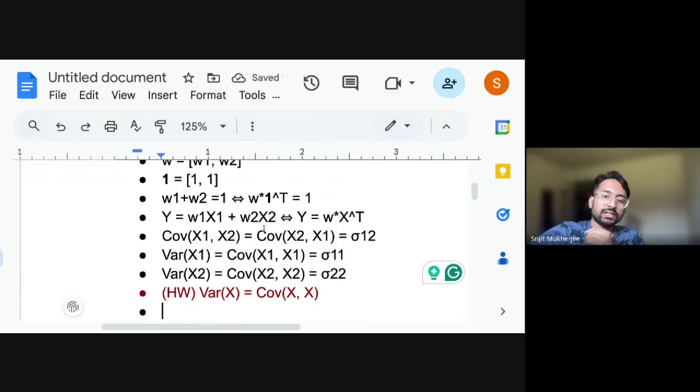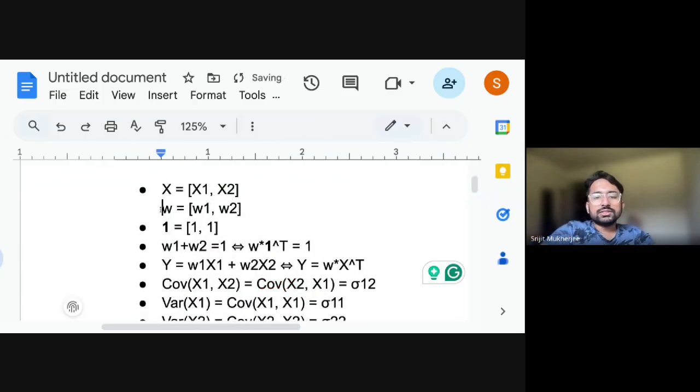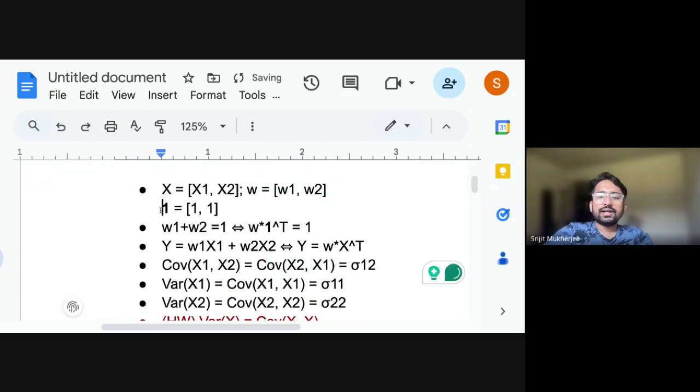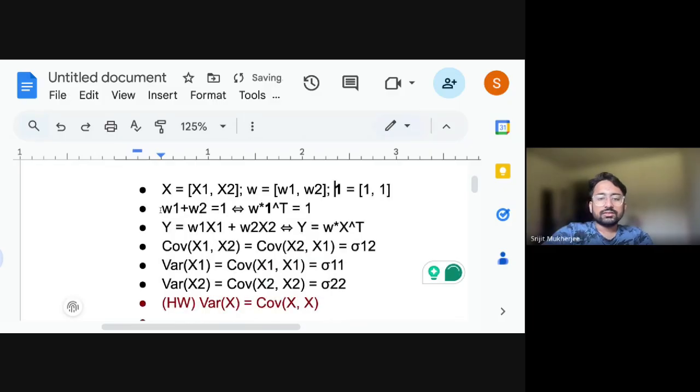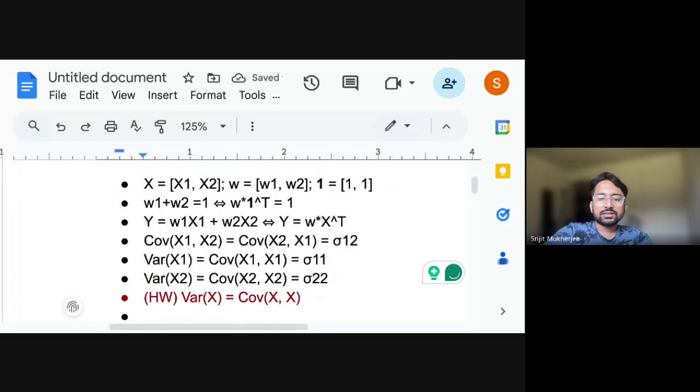The more important thing is to understand the paper. So let me rewrite them so that you get more context.